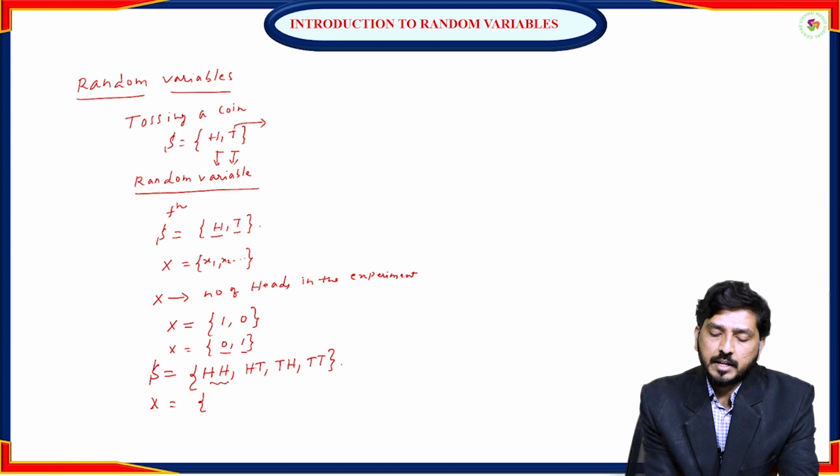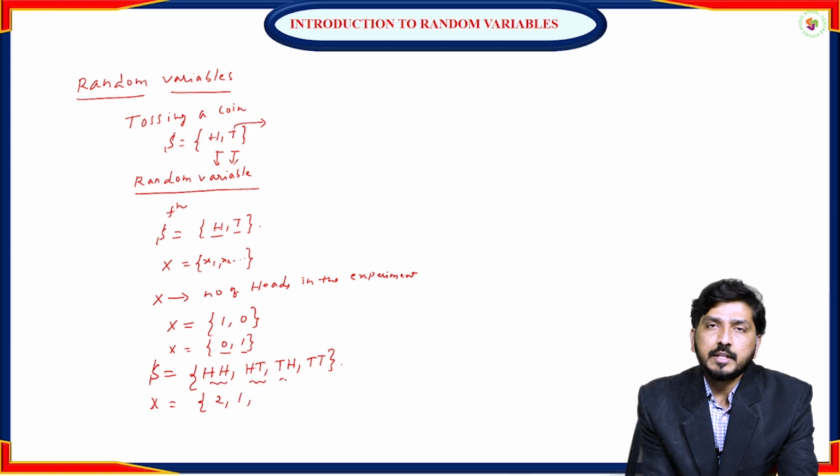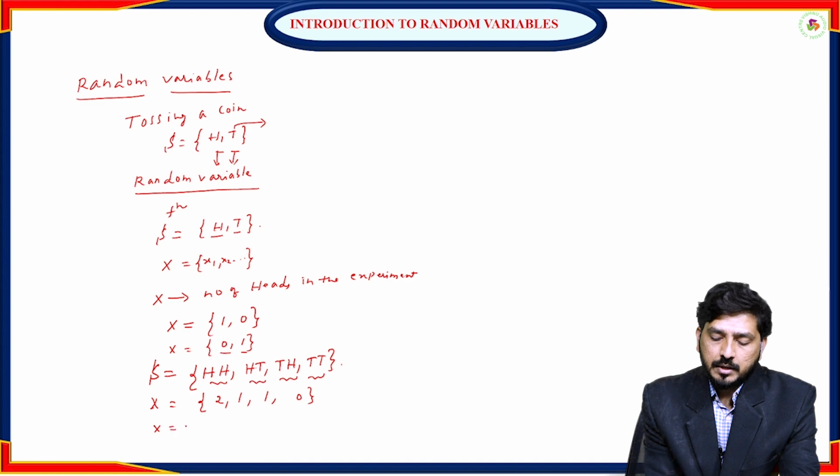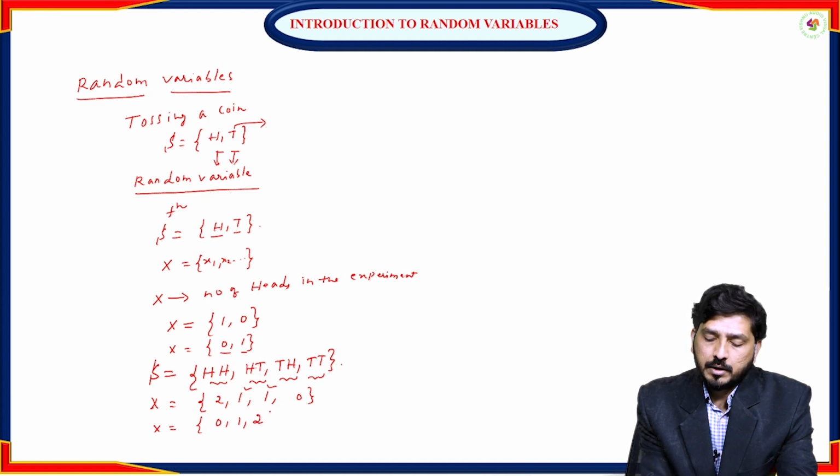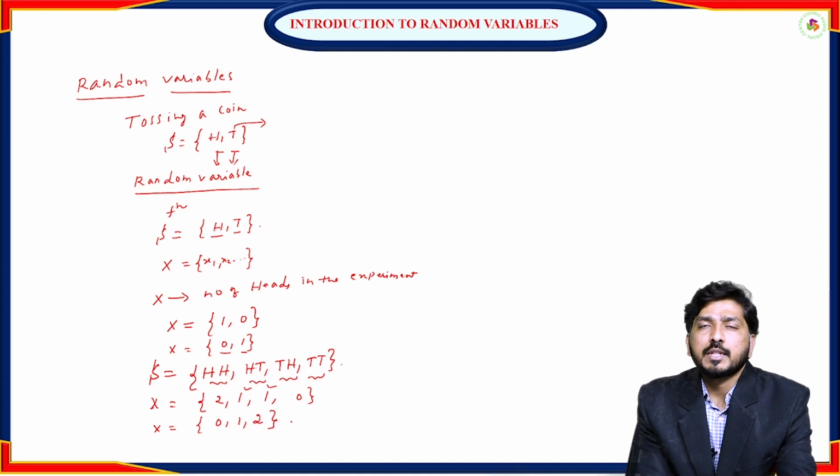In the first case the number of heads is 2, in the second case the number of heads is 1, in the third case it is again 1, and in the last case the number of heads is 0. Now rearrange the terms like 0, 1, 2. If you have 1 twice, you mark it only one time. The reason for marking this I will explain in the conditions for a function to be a random variable. So this is the random variable for the experiment of tossing a coin 2 times.